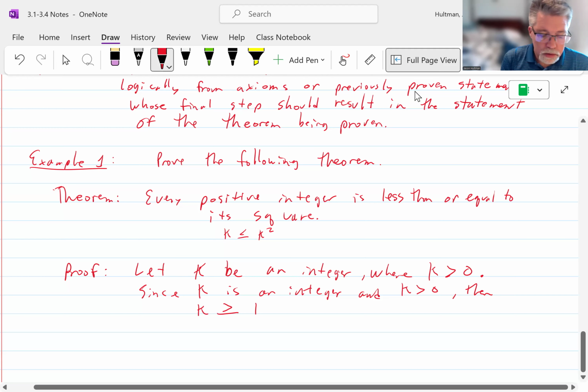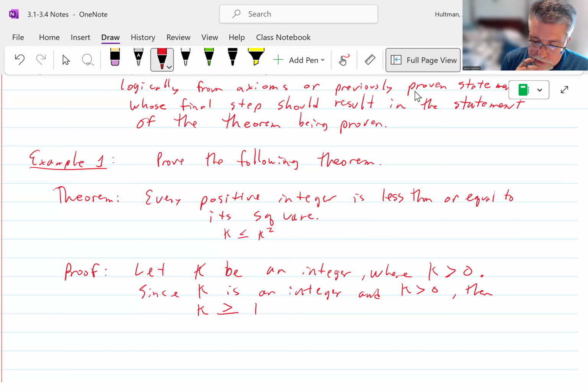Because the next integer up from 0 is 1. So it couldn't be 0, it couldn't be less than 1.